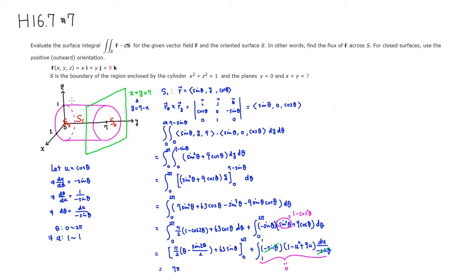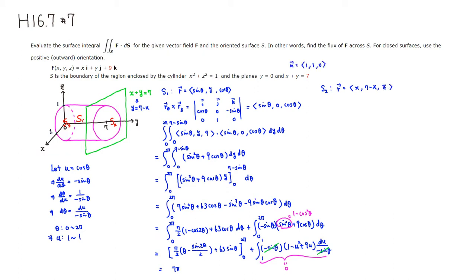Let's look at S2. For this one, we know that the equation is x plus y equals 7. So the parameterization is going to be, we can use x, and y is going to be 7 minus x. And z could be anything, so we can use z.